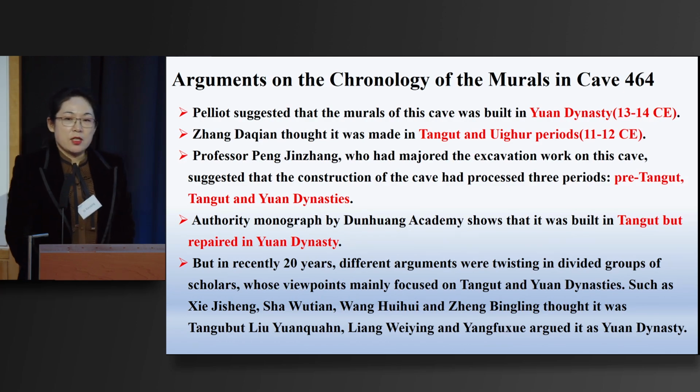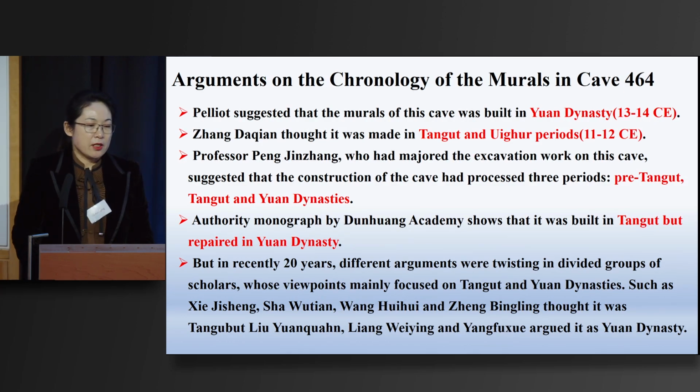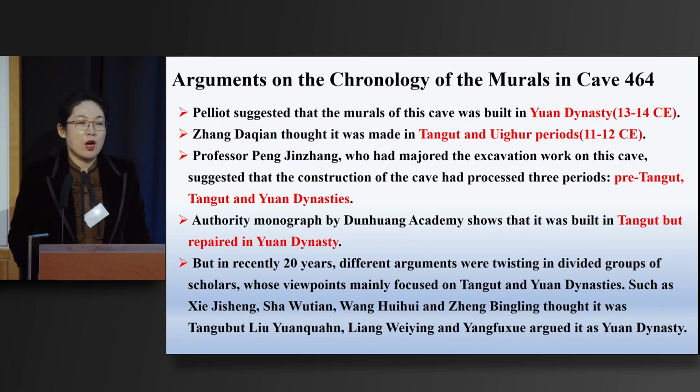But at present, there are many arguments on the chronology of the murals in this cave. We have Yuan Dynasty; Tangut and Uyghur period; pre-Tangut, Tangut, and Yuan Dynasty. There are many different ideas and opinions about the chronology of the murals in this cave.